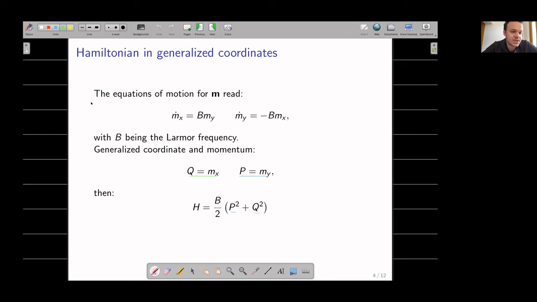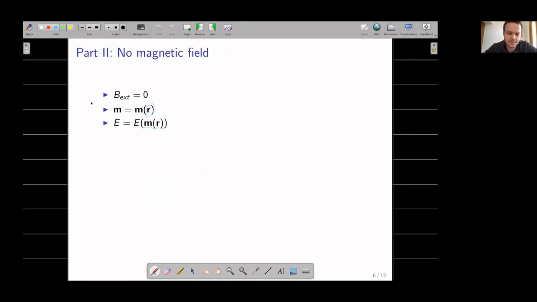In one of the previous slides, you say E is equal to E dm dr. Is this always true, or is this given in the exercise? Suppose you expand the energy to first term.